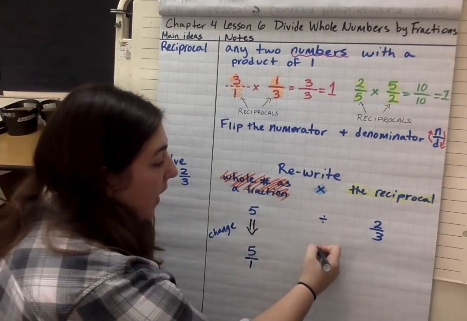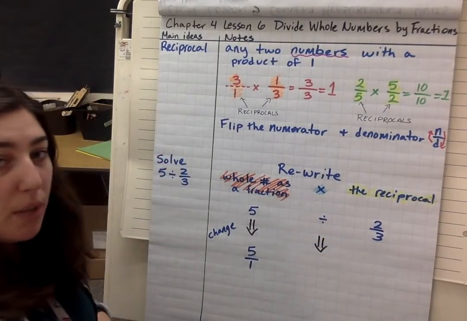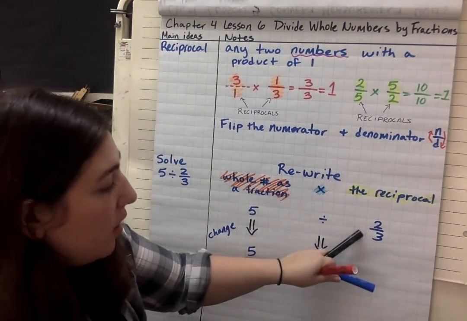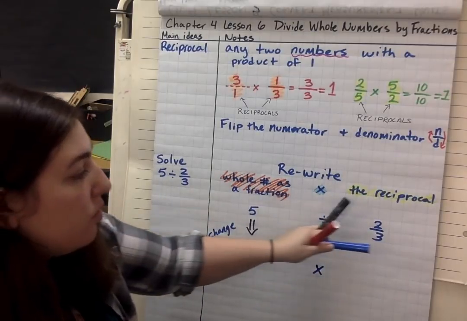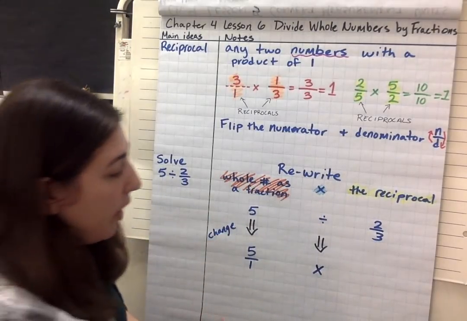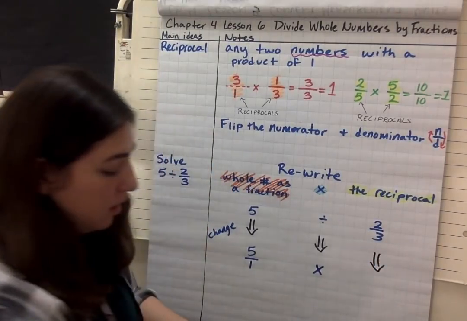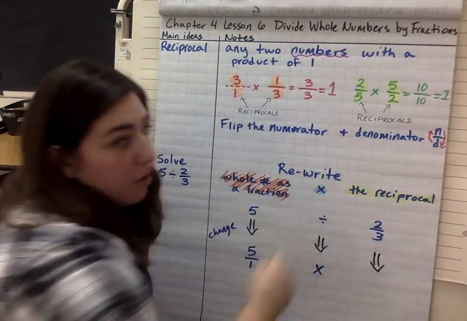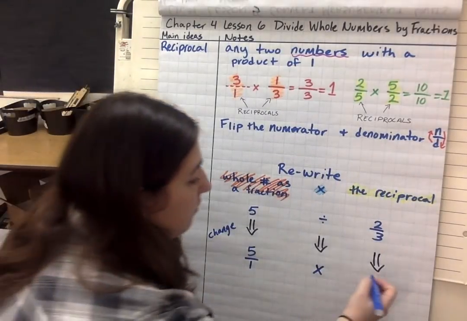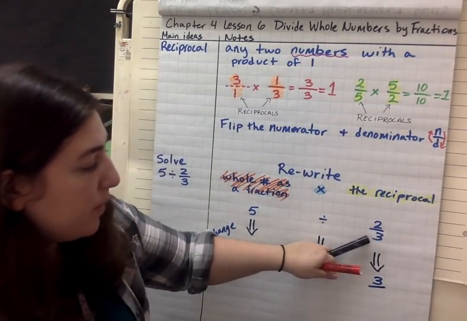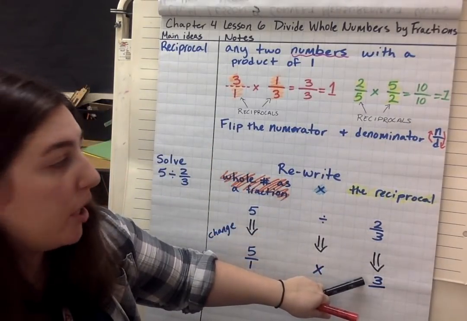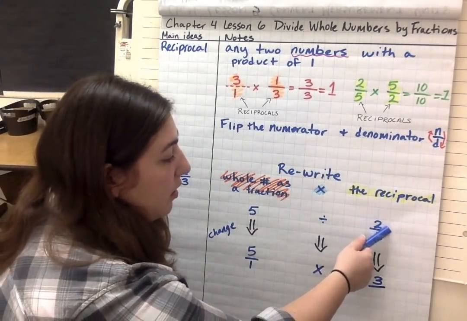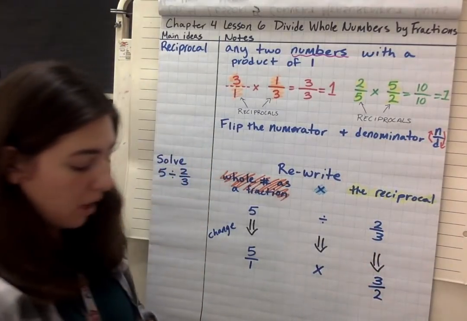I'm going to change the divide sign to a multiply sign. And I'm going to change my fraction to the reciprocal. So remember, in order to do that, I need to flip the numerator and denominator. So my denominator is going to go into the numerator position. So here's my denominator. I'm now flipping it so it's in the numerator, and my numerator is going to go into the denominator. So I'm going to put the 2 into the denominator spot.